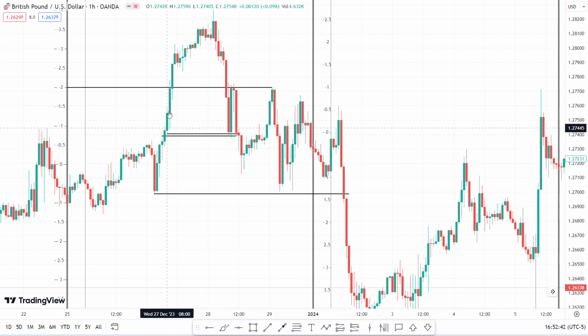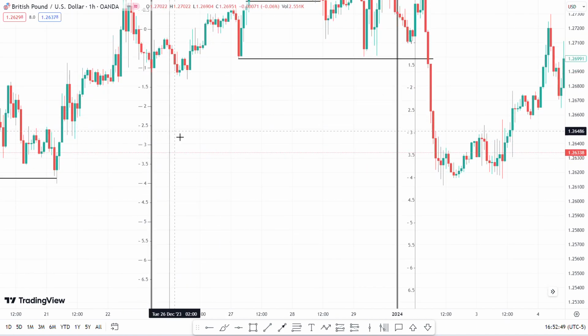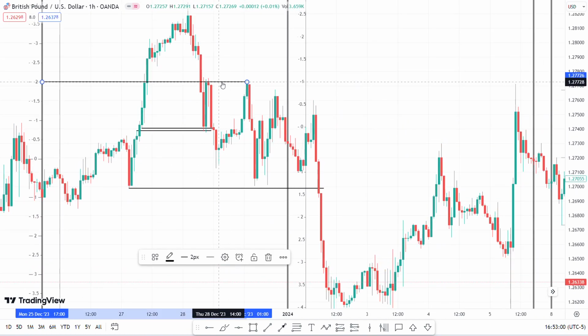When price is moving up, you look at the levels. When price is moving down, you ignore these levels. On this side, it's the opposite. When price is moving down, you look at the levels. When price is moving up, you ignore these levels. That's the rule I have.